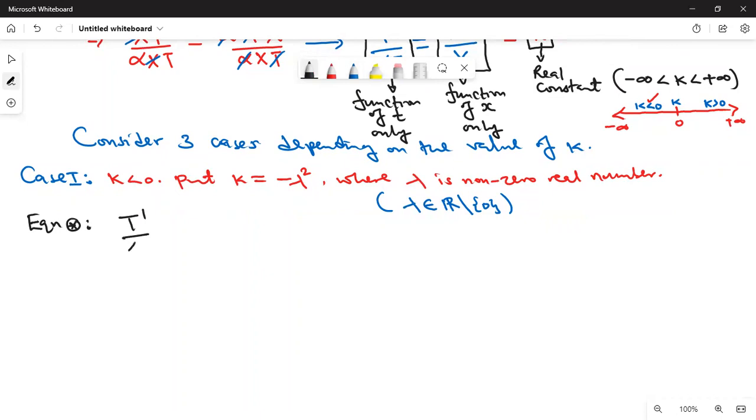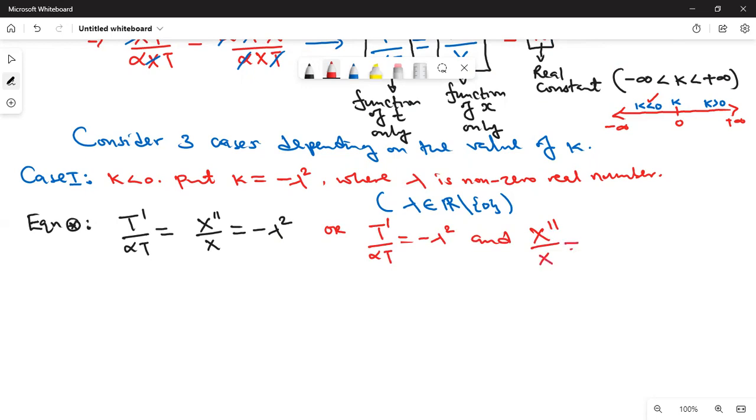t prime over alpha t is equal to x double prime over x, which is equal to negative lambda squared. And from here, we can get a system: t prime over alpha t is equal to negative lambda squared, and x double prime over x is equal to negative lambda squared.